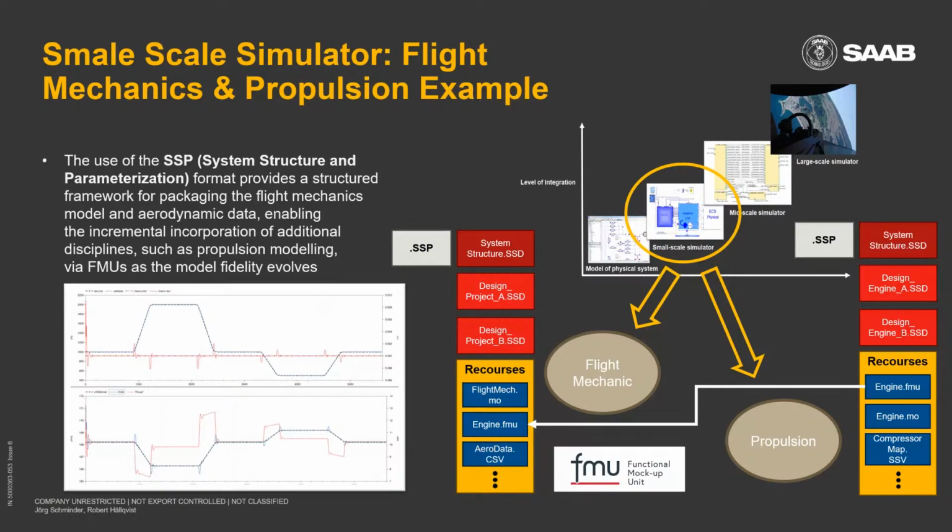What you can do is then use, for example, the engine file exported as an FMU in our flight mechanic model instead of the current model which we have implemented at the moment. So that's basically the idea, and that is hopefully giving you an idea how we create this modularity and how we want and can share files within this simulator which we're developing.